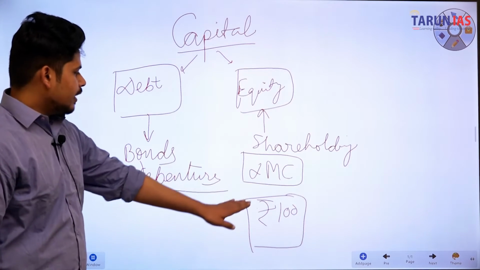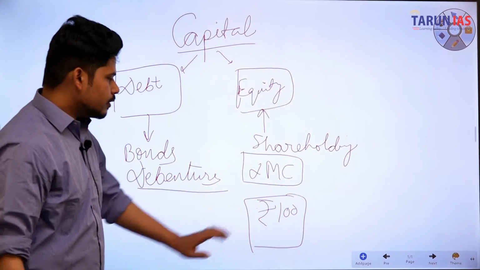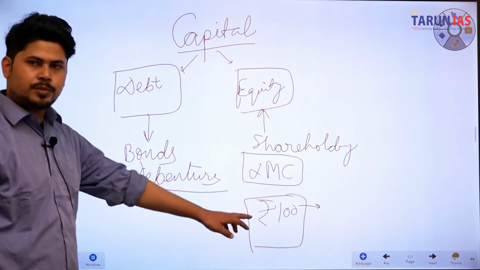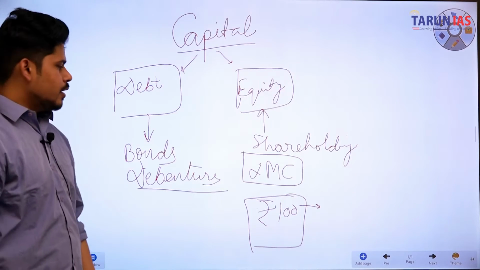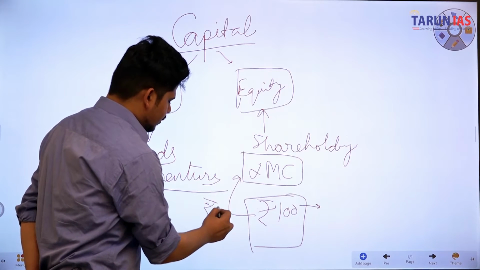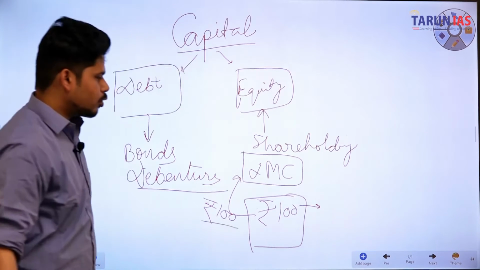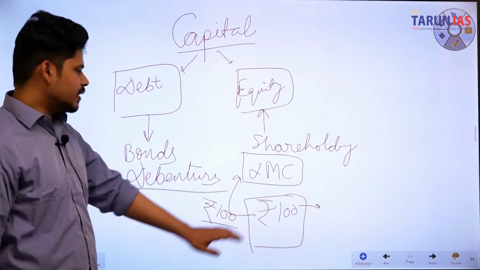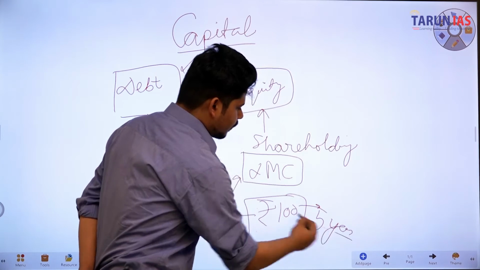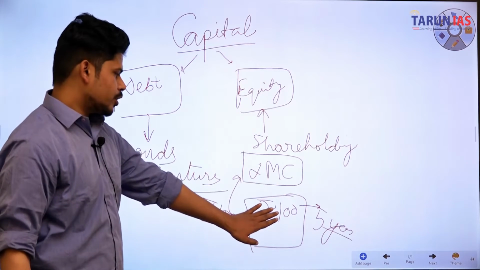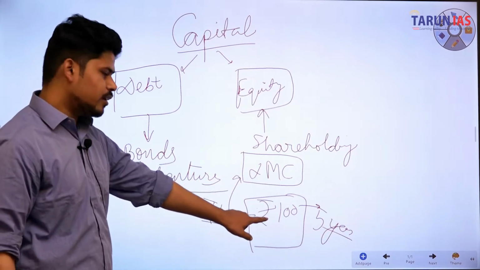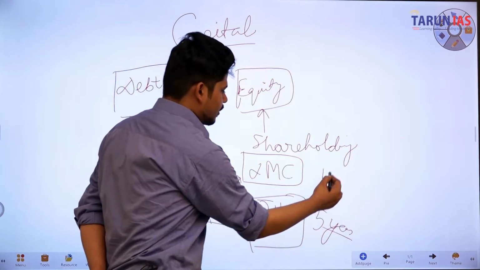And this bond, you can understand it like this: Lucknow Municipal Corporation published this bond and issued it in the market. People bought it and paid ₹100 to Lucknow Municipal Corporation, and it has a bearing that after 5 years or 3 years, whatever the period may be, Lucknow Municipal Corporation will repurchase this bond at ₹110.